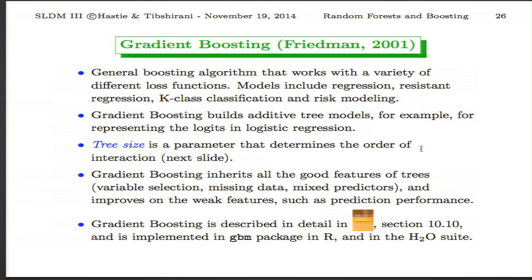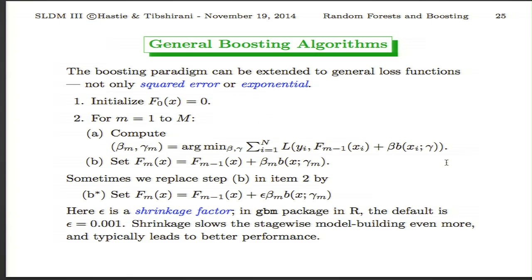And gradient boosting was introduced by Friedman in 2001. It works with a variety of different loss functions and includes classification, Cox model, Poisson regression, logistic regression, binomial, and so on. What it does is it looks at this loss function, evaluates the gradient of the loss function at the observations, approximates that gradient by a tree, and uses that as the basis for estimating this function.